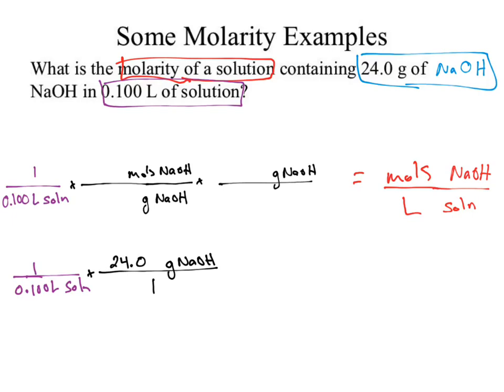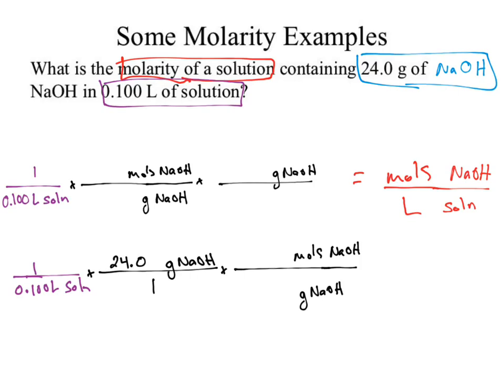No. So what's our next step? I want grams of sodium hydroxide to cancel. Okay. What do I want in the numerator? Do you know the 24.0 grams of sodium hydroxide?